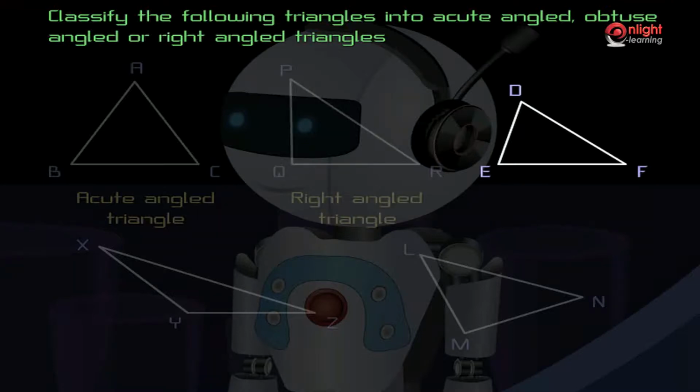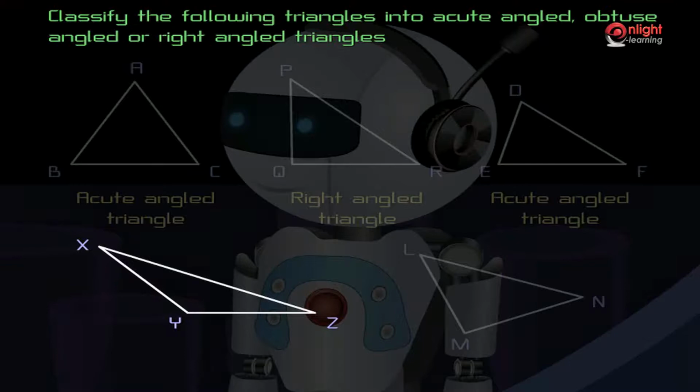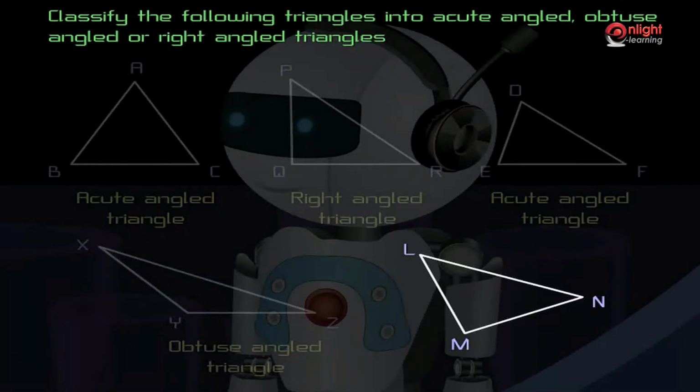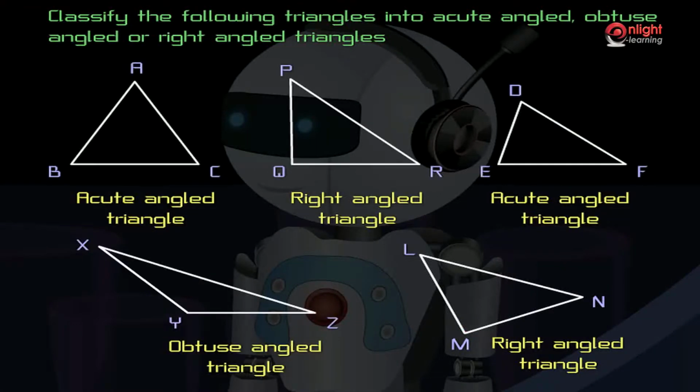Triangle DEF is an acute angled triangle, since all the angles of the triangle are less than 90. Triangle XYZ is an obtuse angled triangle, since angle Y of the triangle is greater than 90, that is, one angle of the triangle is an obtuse angle. Triangle LMN is a right angled triangle, since angle M of the triangle is equal to 90.